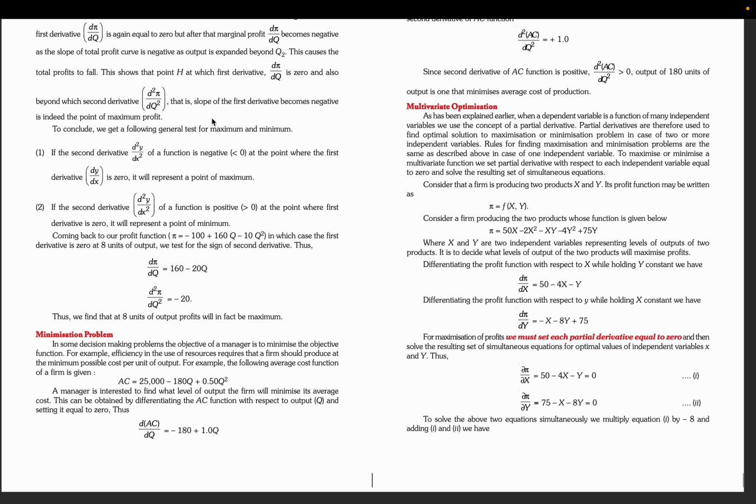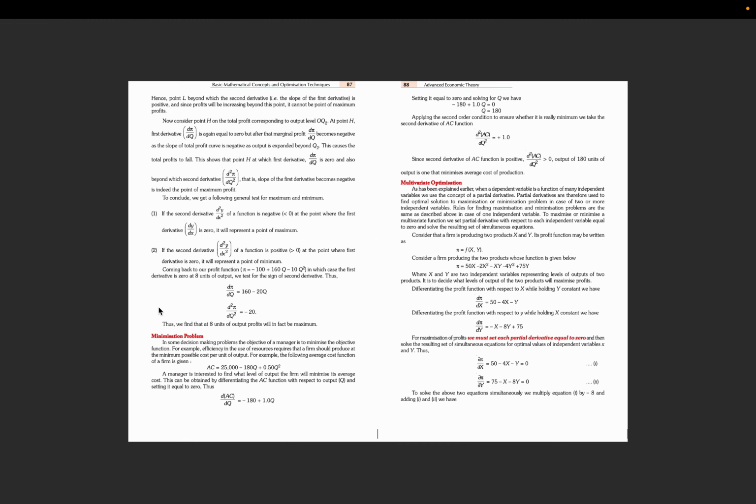For the second derivative, just do the same practice. 160 is a constant, so the derivative of 160 is going to be 0. Minus 20q, only minus 20 is going to be left. This is now negative, and hence this point at which we are calculating, which is 8 units of output, is de facto the maximum.